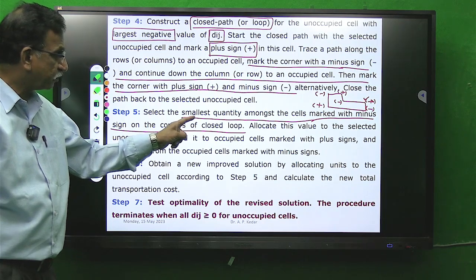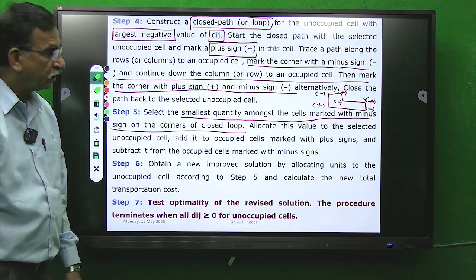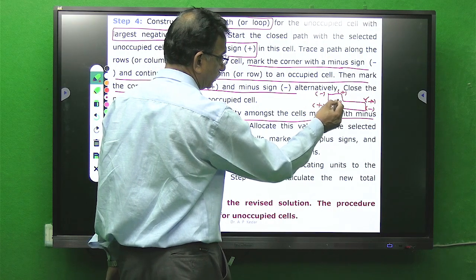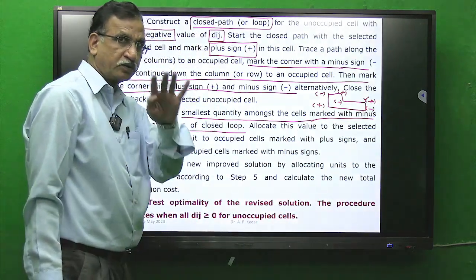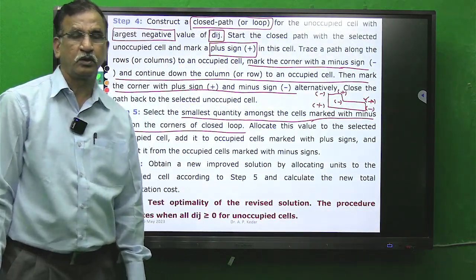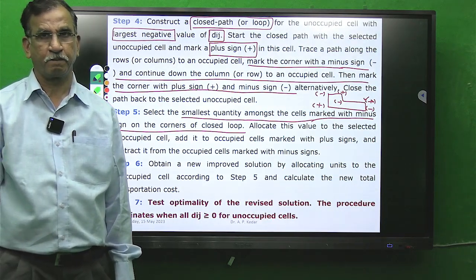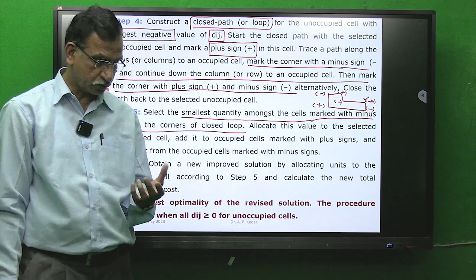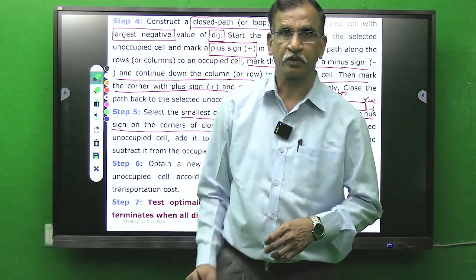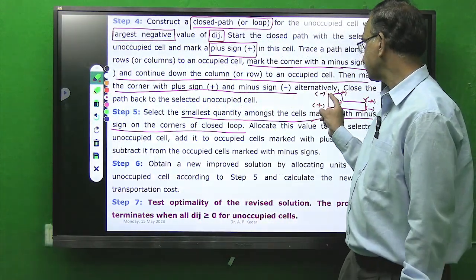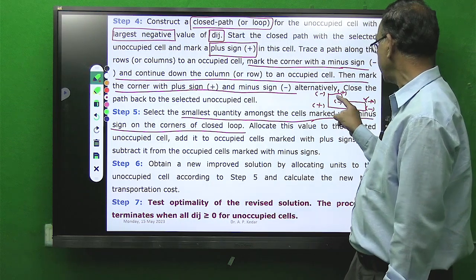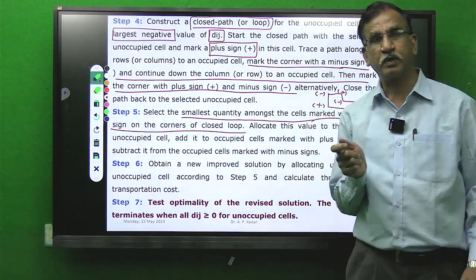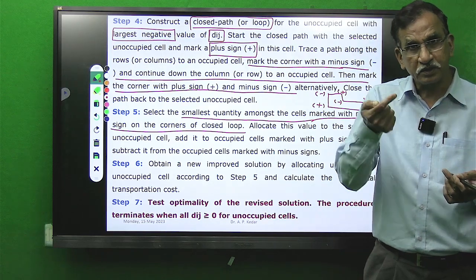What is the meaning of this particular sentence that I am explaining? Now here with minus, 1, 2, 3, you are having 3 cells with minus sign, and those cells represent allocations. So amongst the minus sign corner cells, we have to select the cell which is having the minimum value.